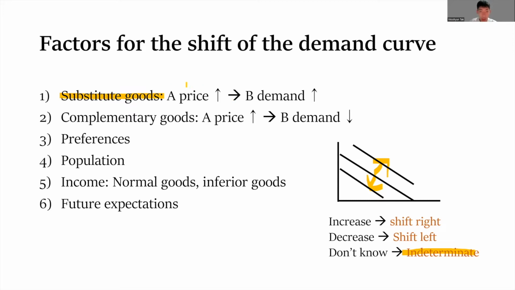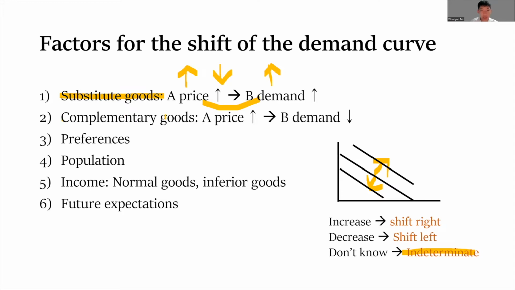If the price of A rises, then the quantity demanded of A decreases. But because A and B can be replaced with each other, consumers will reduce buying A but increase buying B instead of A. So substitute goods can affect the demand.